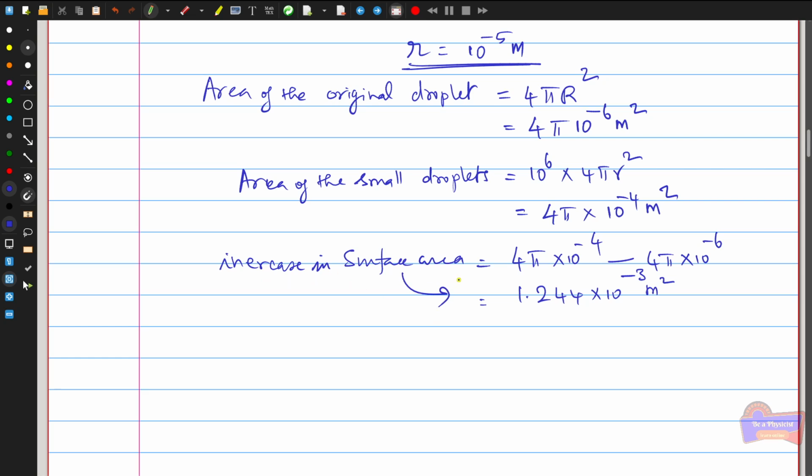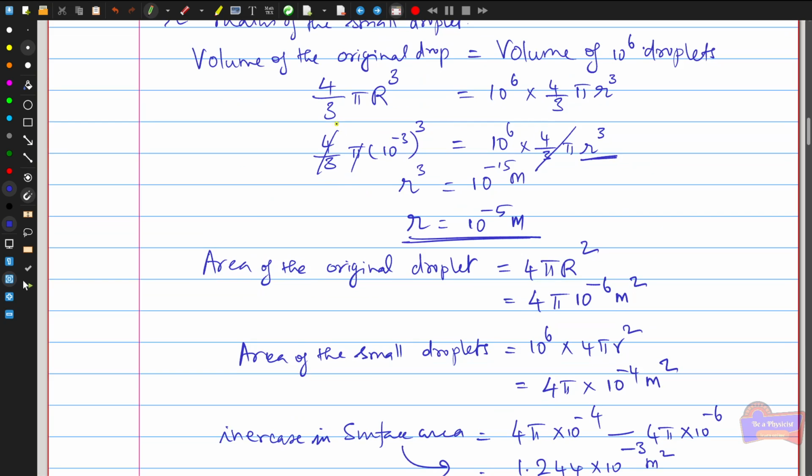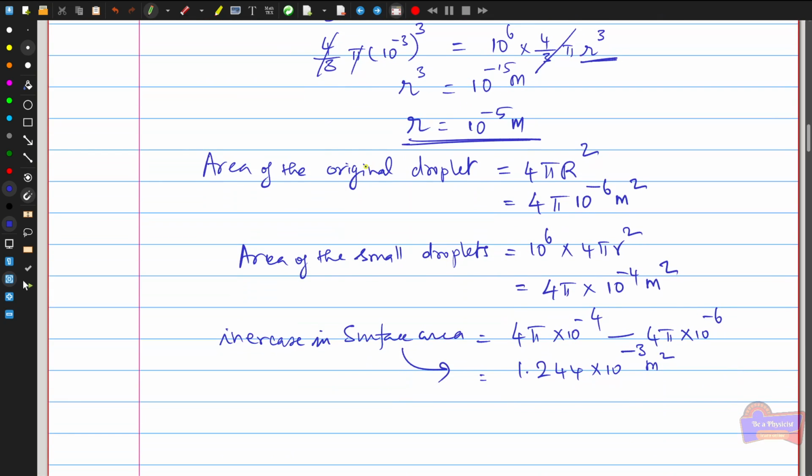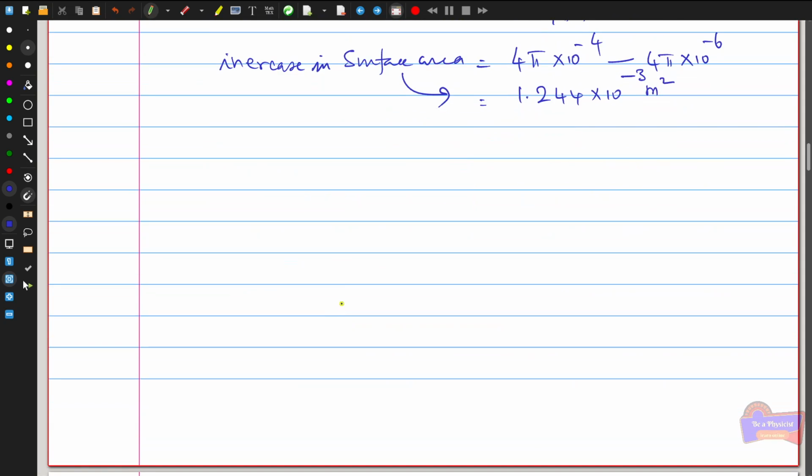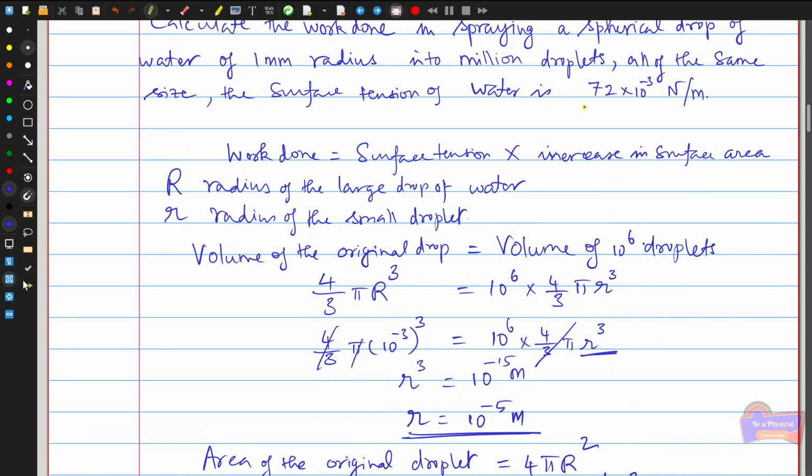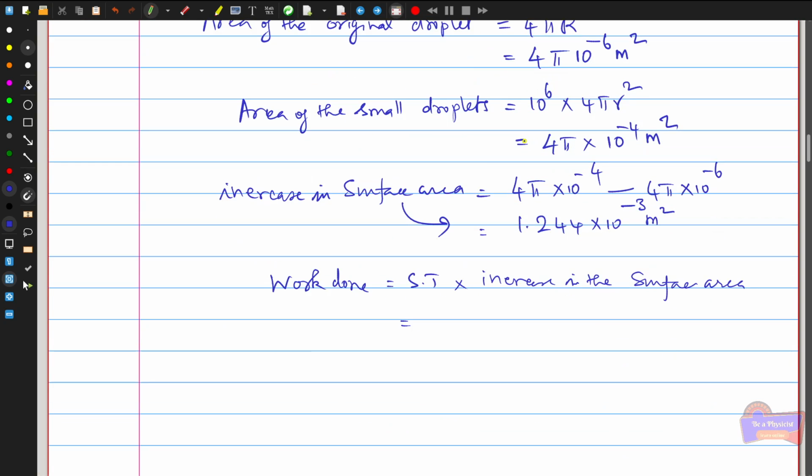Once you know the increase in surface area, you can directly substitute it into the same formula. The work done is equal to the surface tension multiplied by the increase in surface area. The surface tension of the water is given in the problem, 72 into 10 power minus 3 Newton per meter.